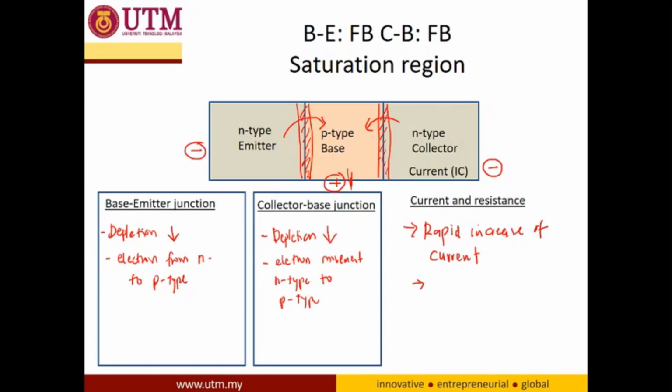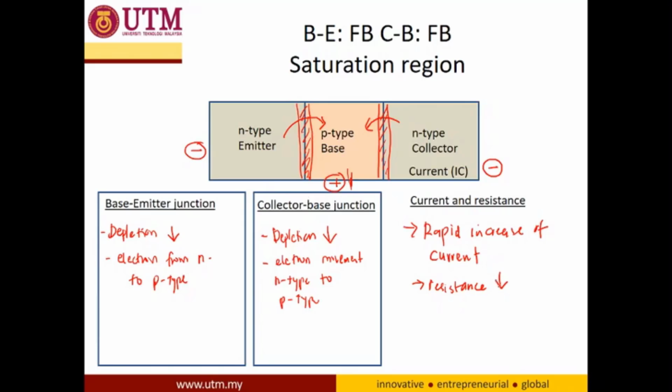Another thing you can see is that since both are forward bias, in the ideal model forward bias can be replaced with a short circuit. This means that the resistance of the junction is very small, so both junctions have very low resistance, and the total resistance across emitter toward collector is very low.